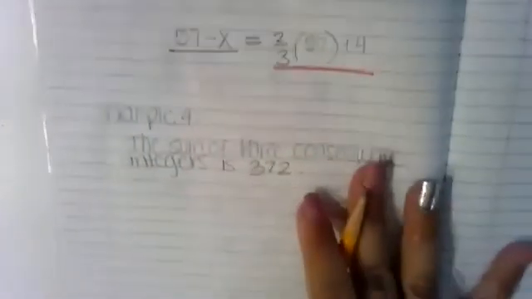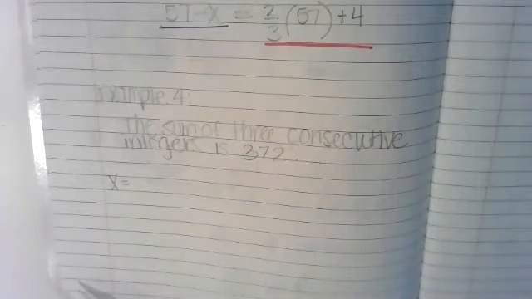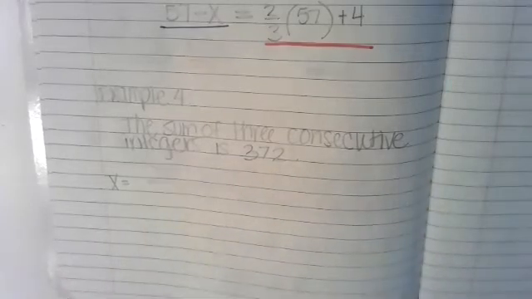So the first thing I need to do is define my variable. Again, I'm going to choose x. Sorry. So what is x going to represent here? Let me ask you this: do we know what the integer is?